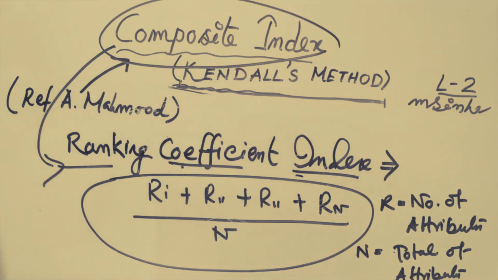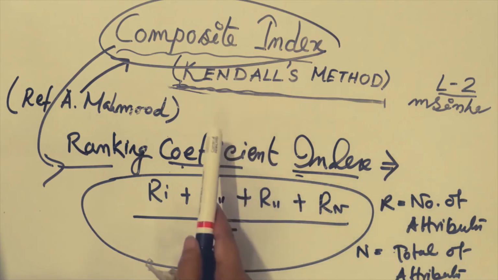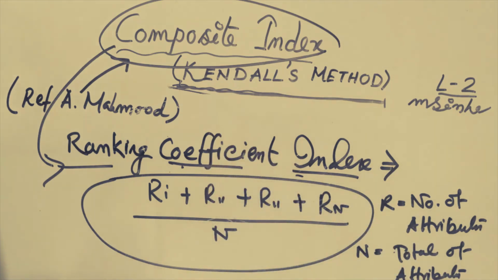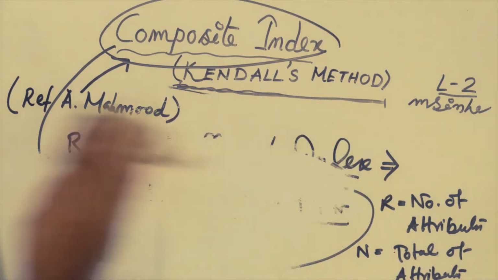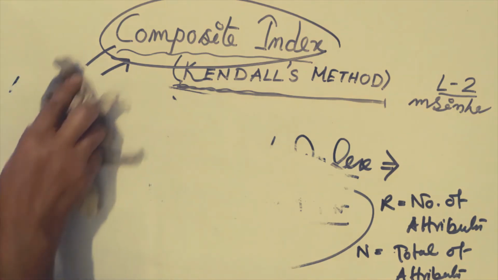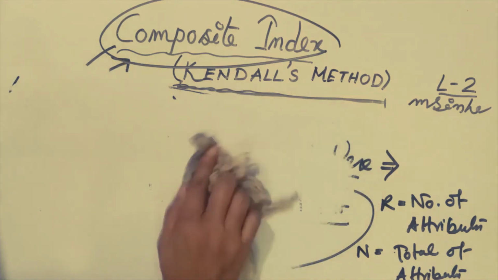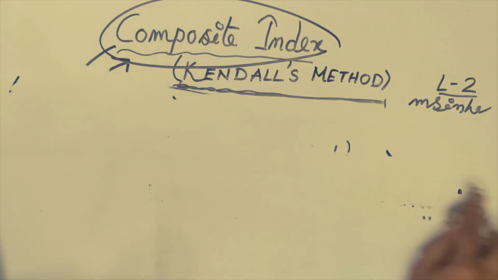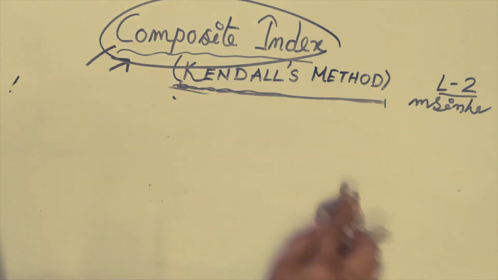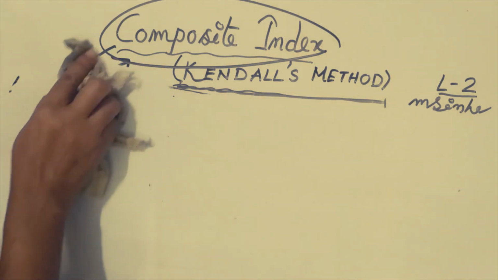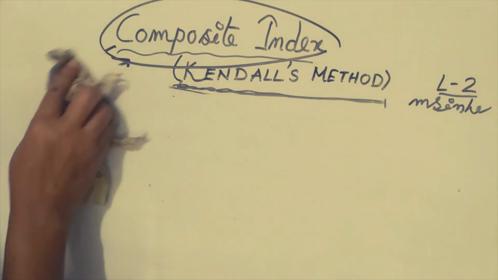This is the basic principle of preparing a ranking coefficient index with the help of Kendall's ranking method. Kendall's ranking method is very similar to the Spearman ranking method, and both are used in the formula of correlation.